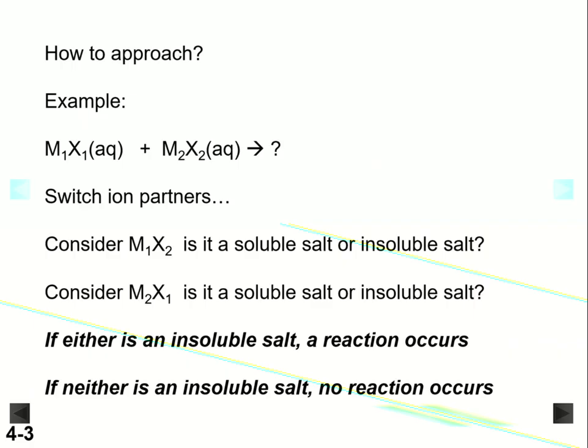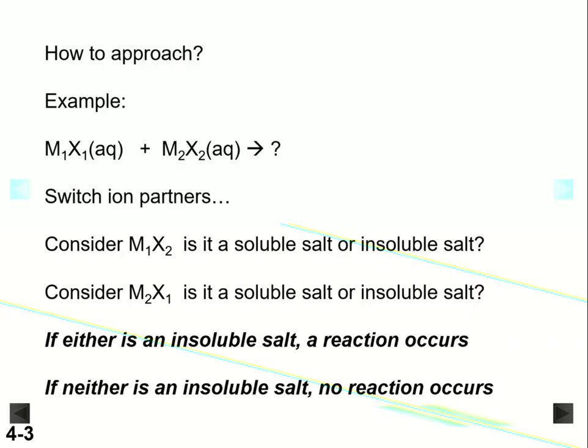To discern whether we have a reaction occurring or not, we simply switch the ion partners. So we take M1 to X2 and M2 to X1. Let's consider the first one, M1X2. Is that a soluble or insoluble salt? We answer that question. And then we consider M2X1. Is that a soluble or insoluble salt? And we answer it.